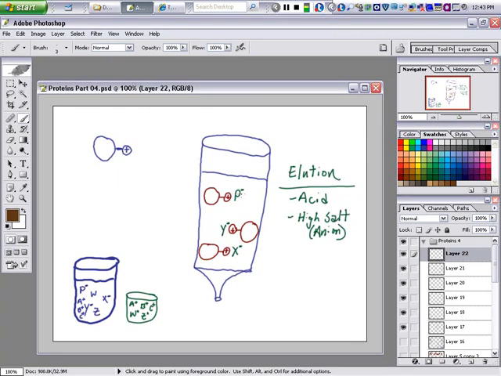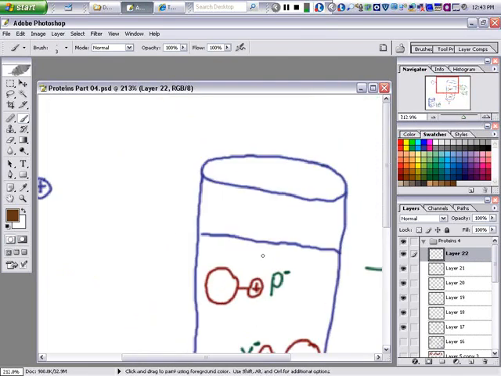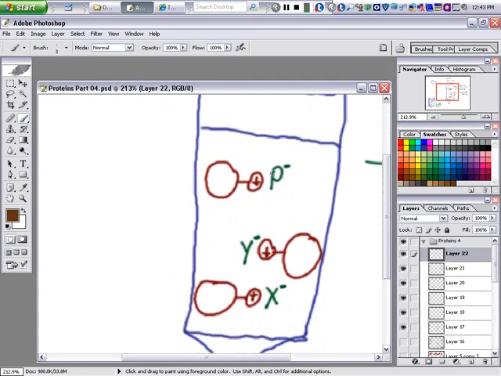When you add a really high salt concentration, let's say NaCl, now if you have a lot of Cl, the Cl minus is going to bind to that positive charge. And here the Cl minus is going to bind to this positive charge. And here the Cl minus anion is going to bind to this positive charge.